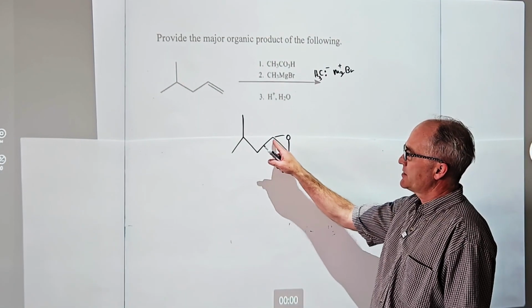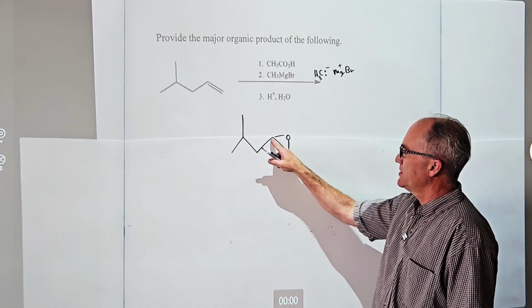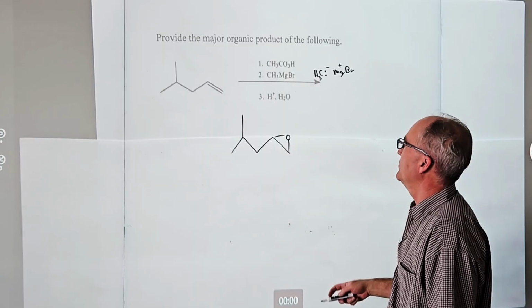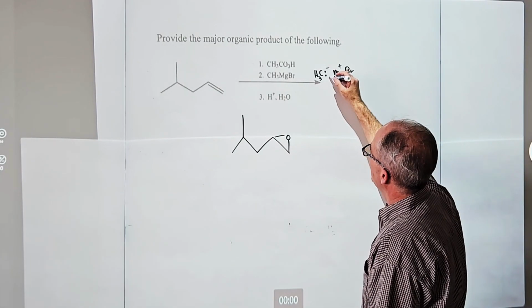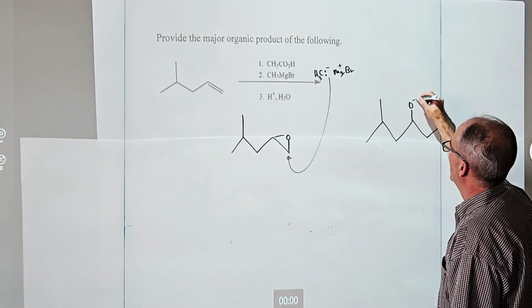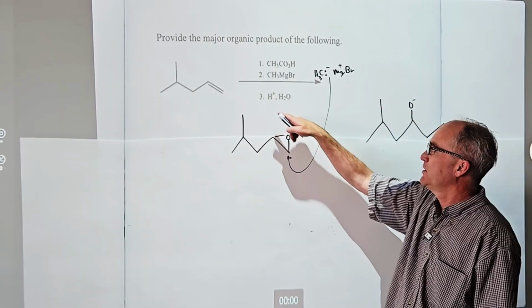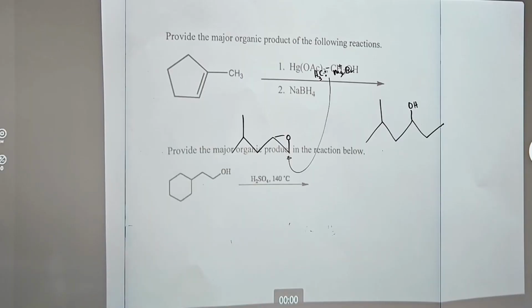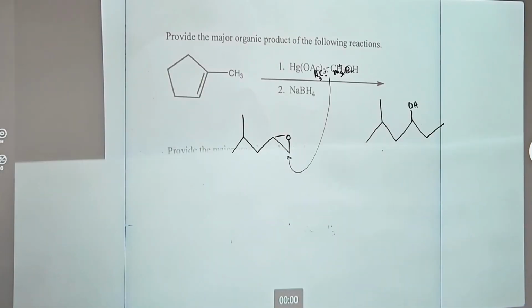Or we develop a positive charge, and it's better on a secondary carbon than a primary carbon. So that means this thing's going to slam in there. And then we have this thing, which gets protonated. We'll skip the Williamson ether synthesis.